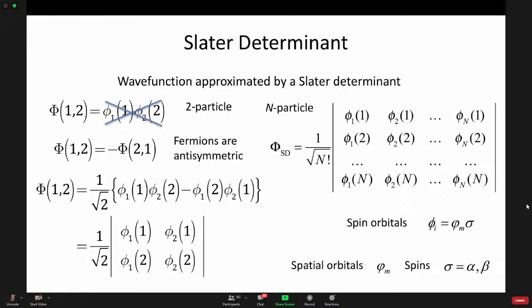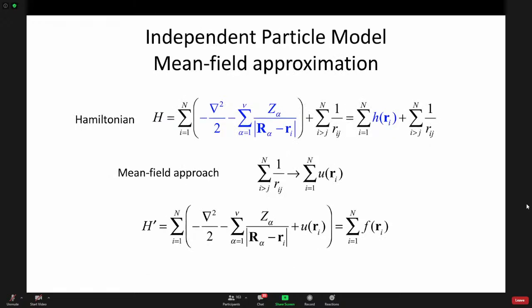And now I'd like to move into how we try to solve the Hartree-Fock equation and get the molecular orbitals. So here we want to solve it quite simply, so we introduce a model which makes it convenient to solve. We introduce an independent particle model, which is a mean field approximation.